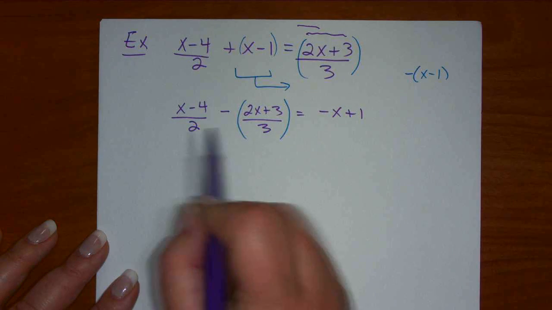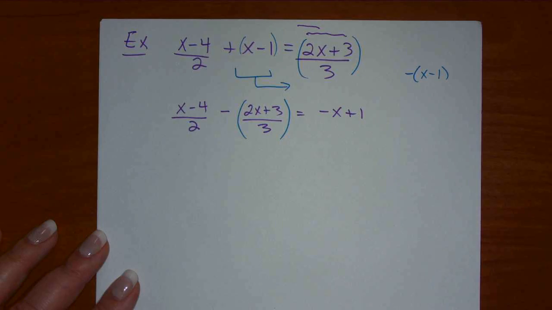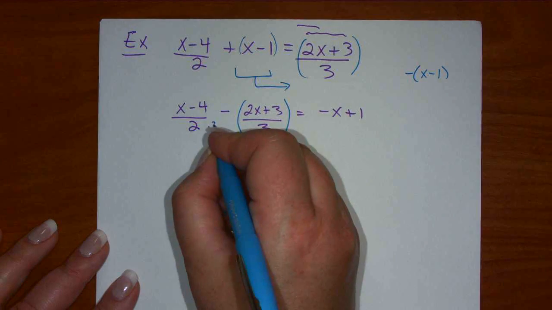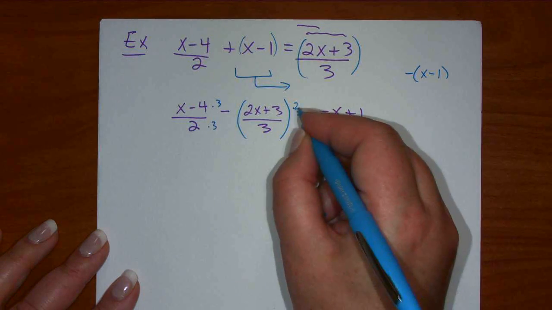So what's the common denominator? 6. So we need to multiply this one by 3 and this one by 2.